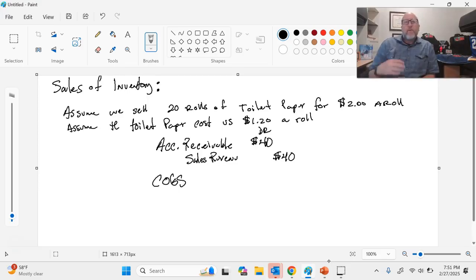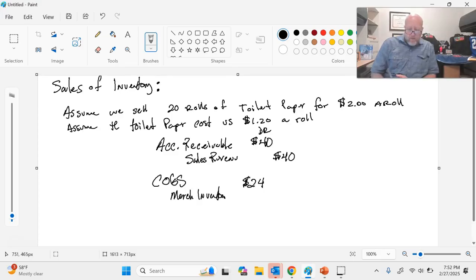And therefore, if I want to record an expense, I would debit it, because that's lowering my income or my equity. So the cost of goods sold is 20 rolls of toilet paper times $1.20 per roll. I get $24. And then not only am I recognizing the expense, but I'm also lowering my merchandise inventory account, like we talked about.